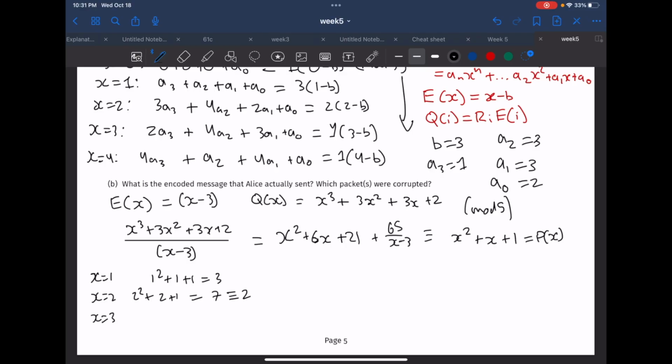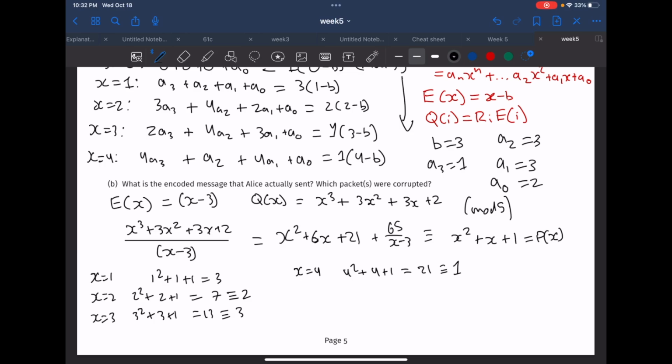X equals 3: 3 squared plus 3 plus 1, which is 9 plus 3 plus 1, 13, which is congruent to 3 mod 5. X equals 4: 4 squared plus 4 plus 1, which is 16 plus 4 plus 1, 21, which is congruent to 1 mod 5.